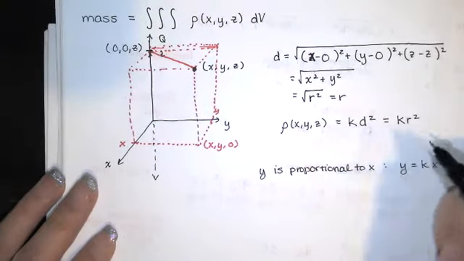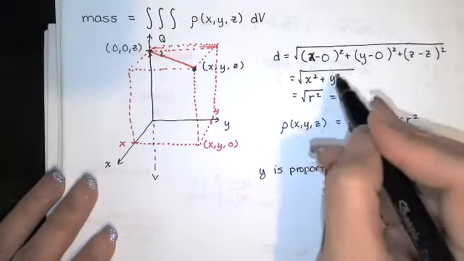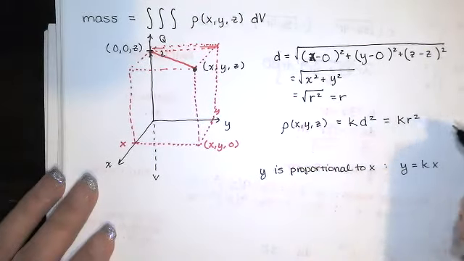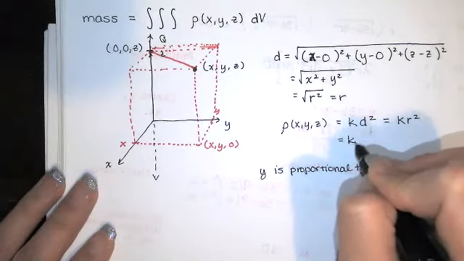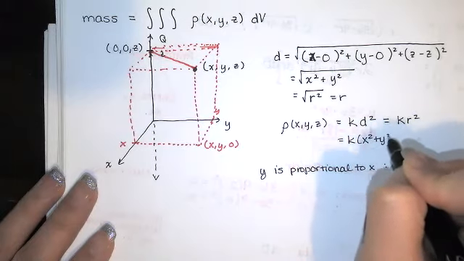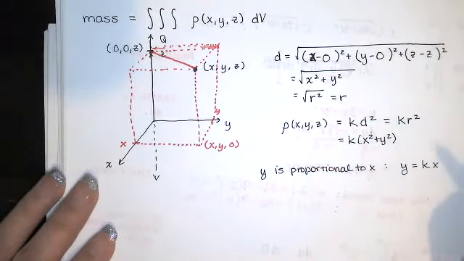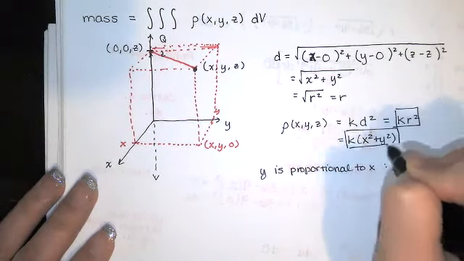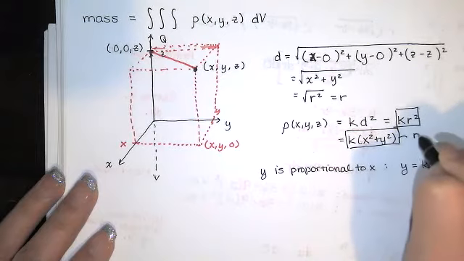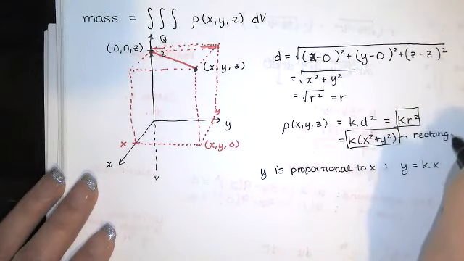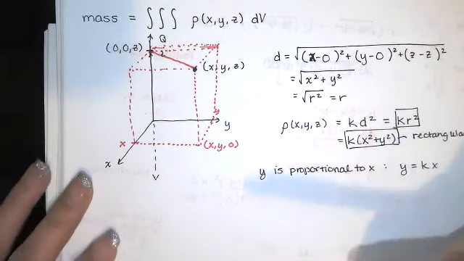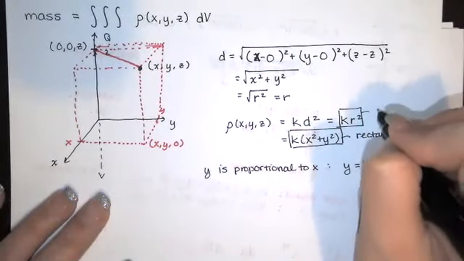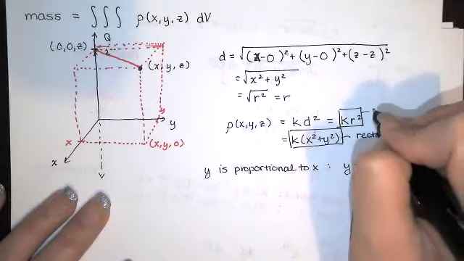Or in terms of x and y, I would just take this version and I would square it. So either this one or this one would be fine. This is our density in rectangular coordinates, and this one is our density in polar coordinates or cylindrical coordinates.